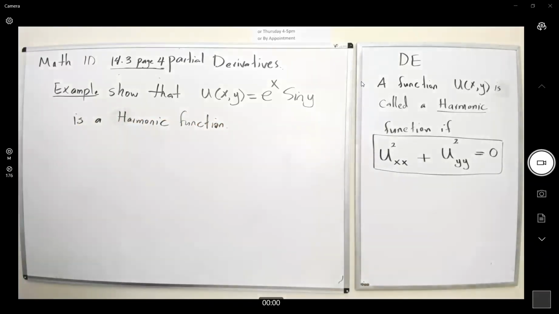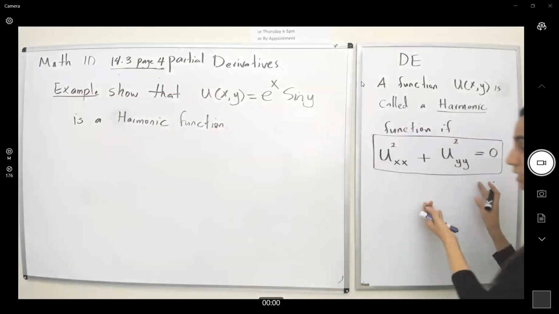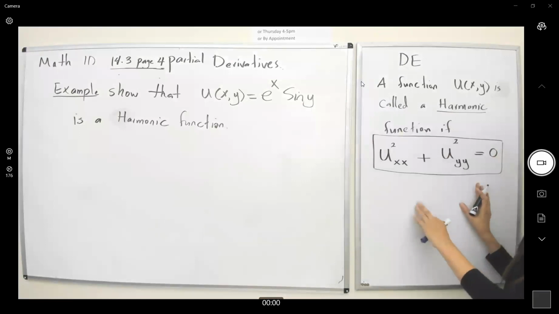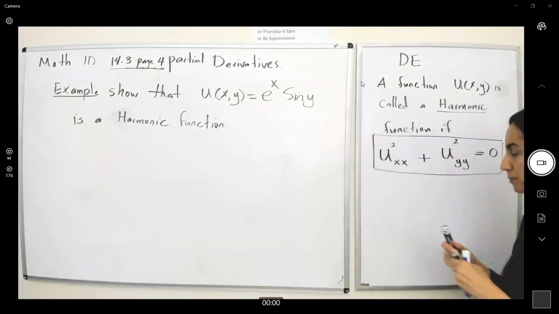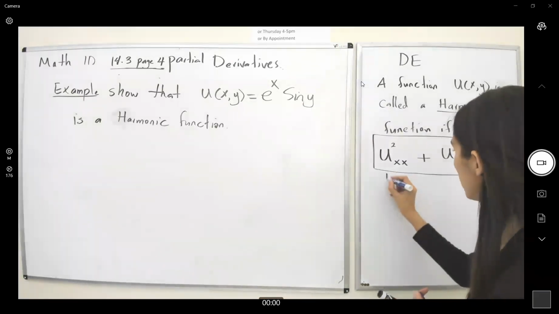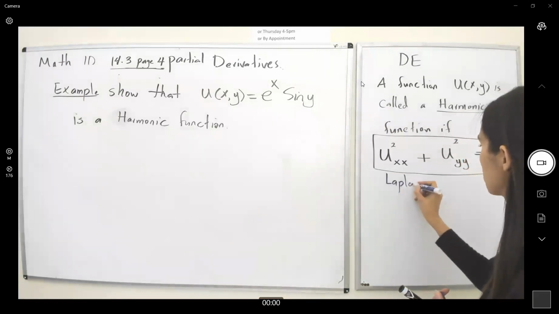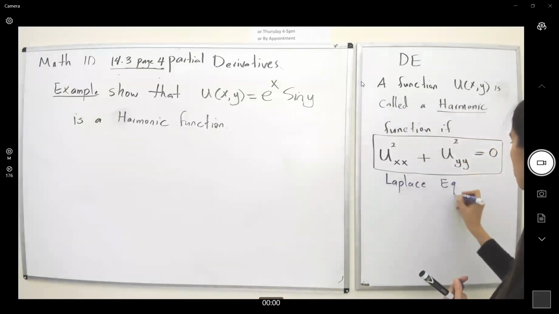If you're wondering what the name of this equation is, it is called the Laplace equation.